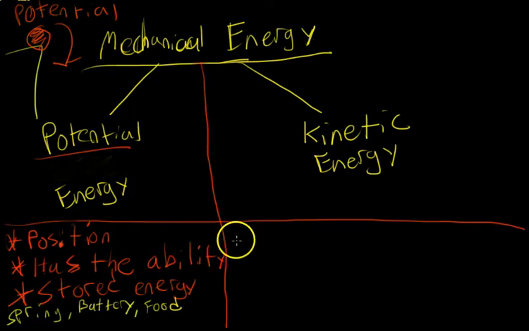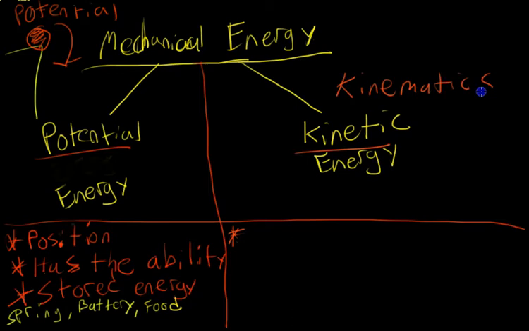Now we'll go over here to kinetic energy. If you look at the word kinetic, I think of kinematics. Kinematics has the same prefix there, kin. And kin, I haven't looked it up, but from what I know about Greek and Latin roots, it means fire or movement.